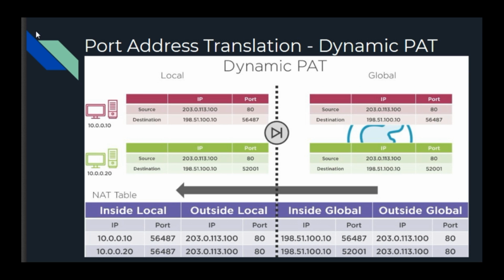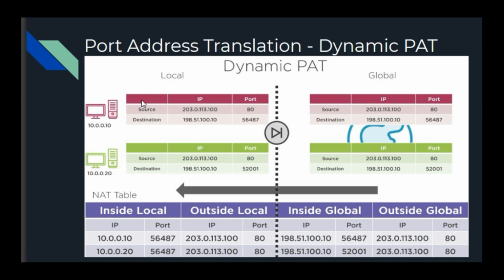Let's talk about when traffic returns from the global network to the local network. What happens? It uses the same NAT table which was created during the traffic flow from local to global. In this scenario, we can see the source IP address and source port, destination IP address and destination port.